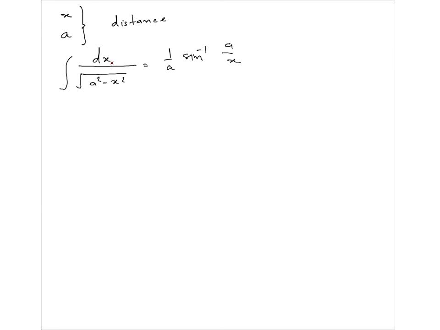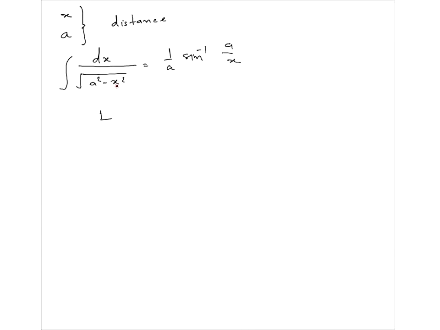dx. D means change, delta. Change in x. If x is length, change in length is length. So the dimensional formula for dx would be L. A square, distance square minus distance square. What is distance square minus distance square?